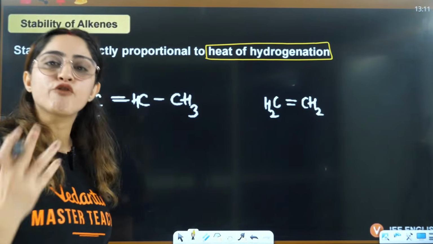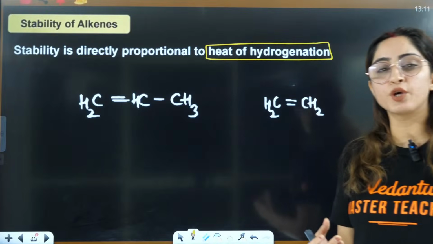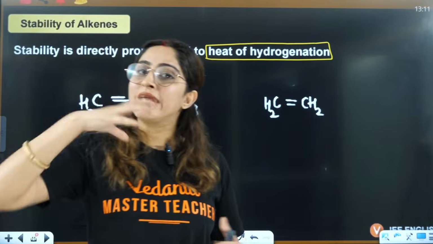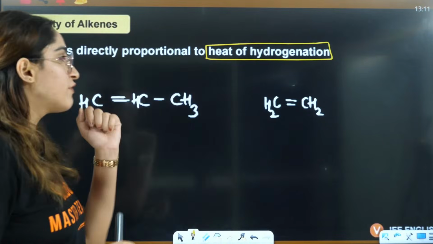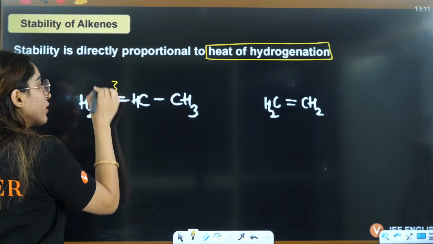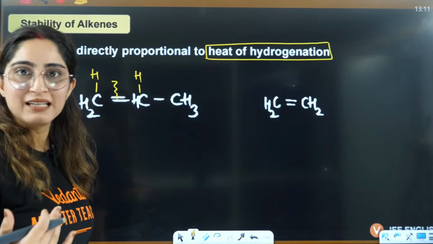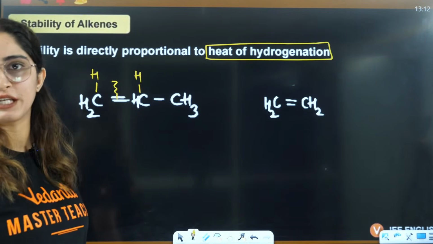Sometimes instead of asking you what is the stability of this alkene, they can ask you which will give maximum heat of hydrogenation. The heat of hydrogenation is an exothermic thing, which is given out when you break this pi bond and attach hydrogen and hydrogen. That heat that is released in this process is called the heat of hydrogenation.